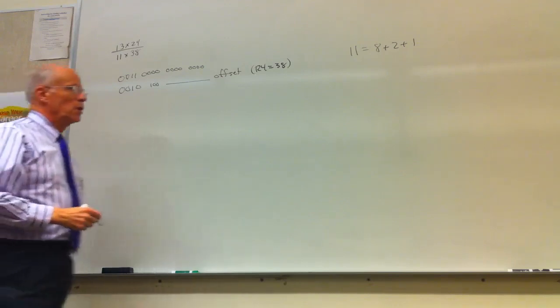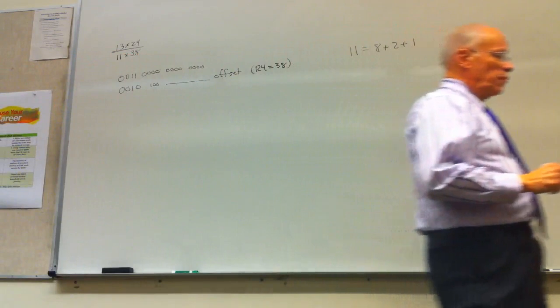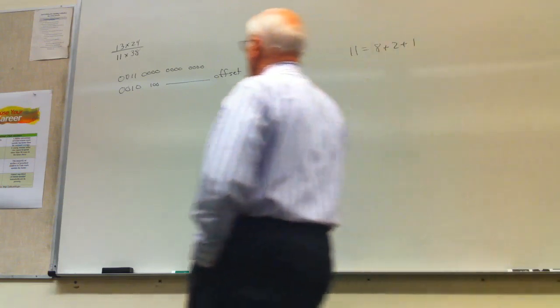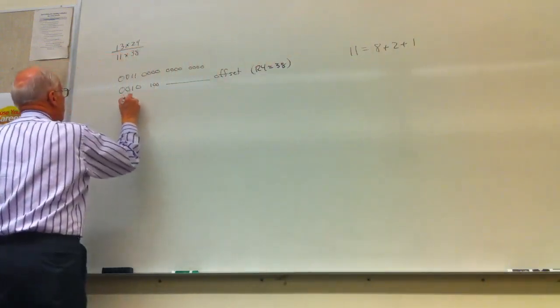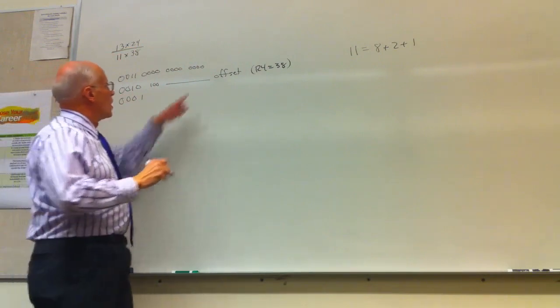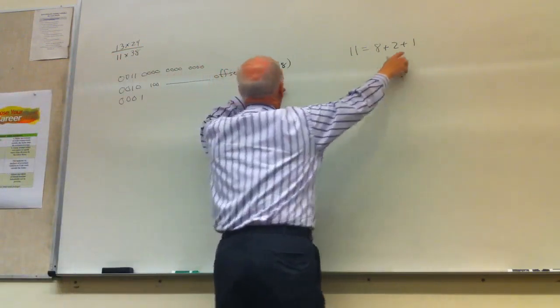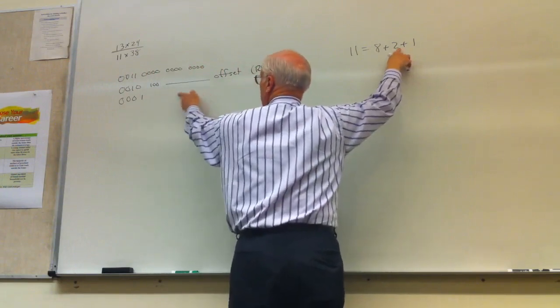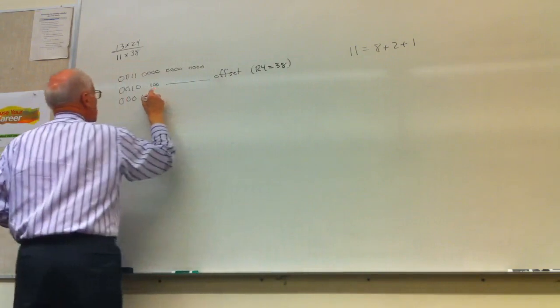So I will add register 4 to itself. The add instruction is 1. Now, this is 1 times 38. I'm going to put the 2 times 38, let's say, into register 5.